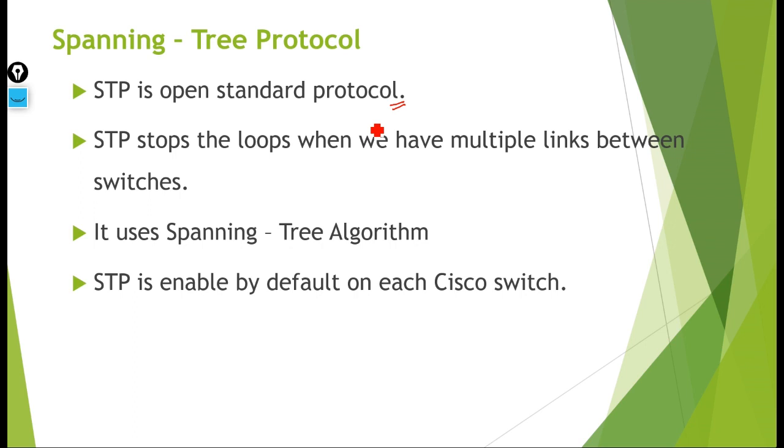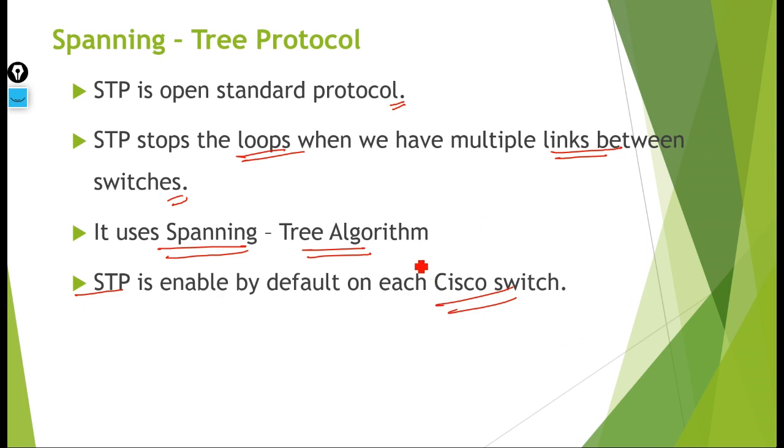STP stops the loop when we have multiple links between the switches, and STP uses the spanning tree algorithm. STP is enabled by default on Cisco switches whenever you connect a redundant link.